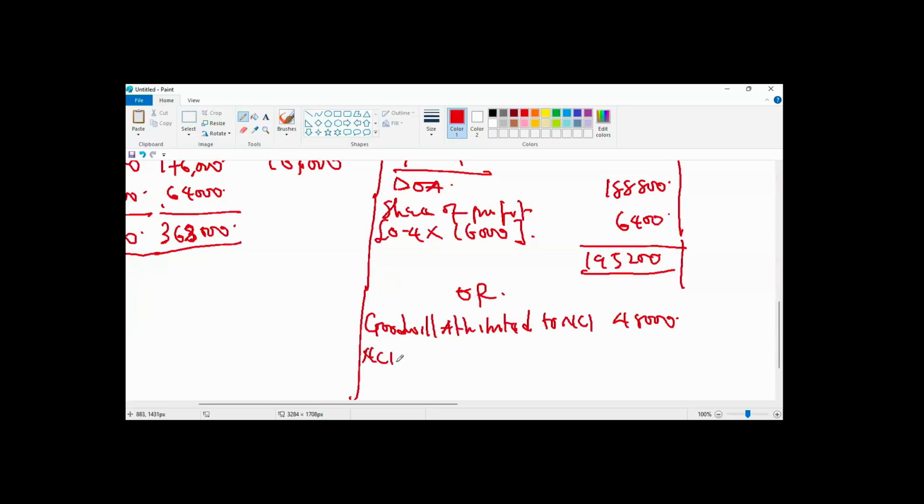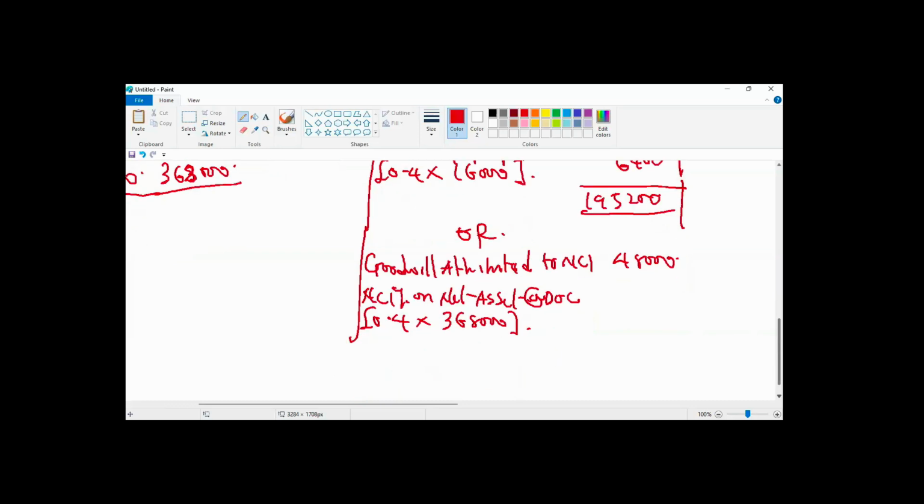When I say NCI percentage on net assets at DOC, which is 0.4 times 368,000.